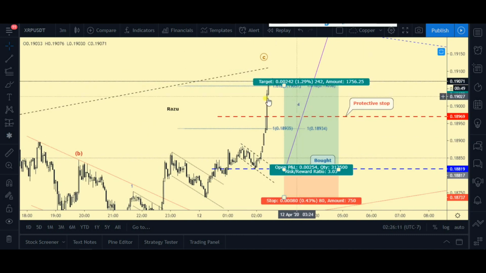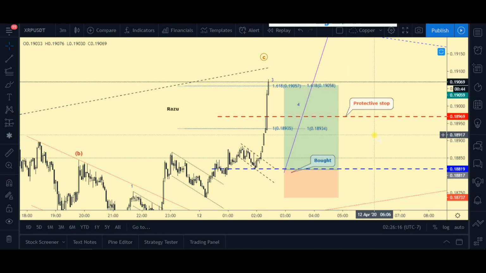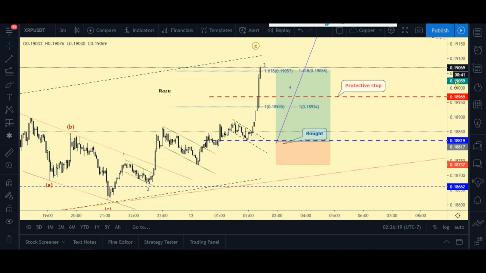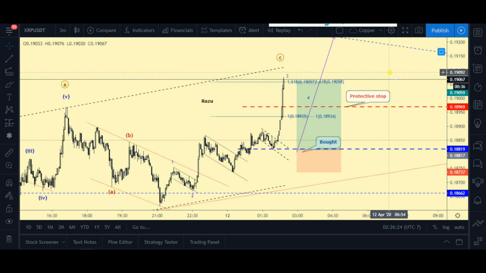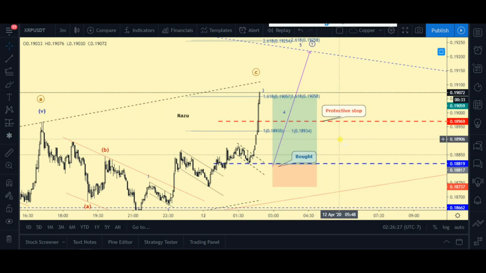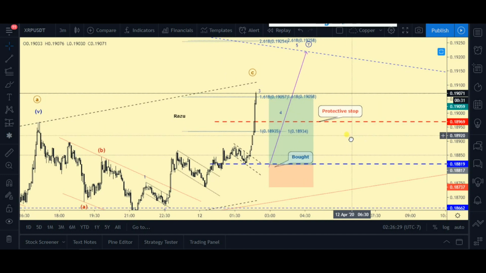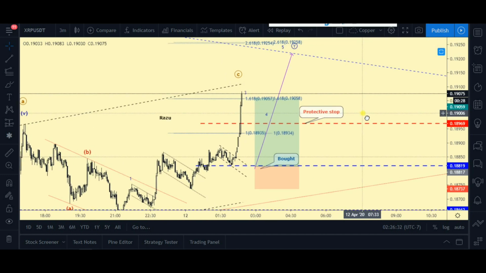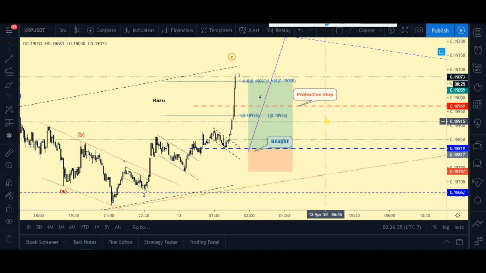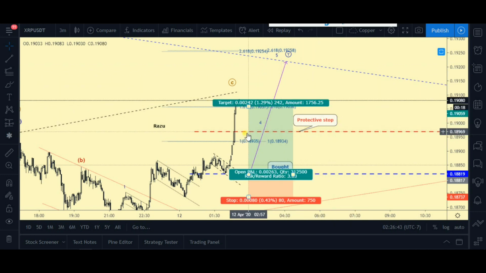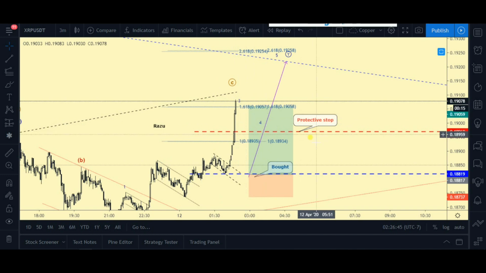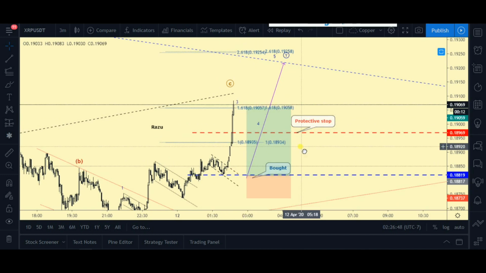So the profit protective stop, I have made it much tighter here, so that way we will be able to also catch this trend, continue with the trend, ride with the trend, and also book our profits in a defensive way. So when the target reaches the fifth wave, then I'm going to make this protective stop much tighter, but for the time being I'm putting my protective stop around here.